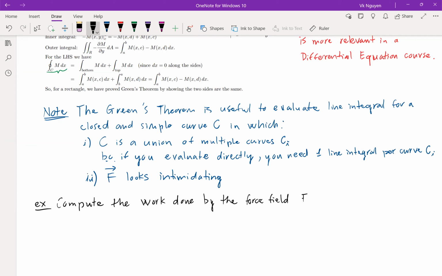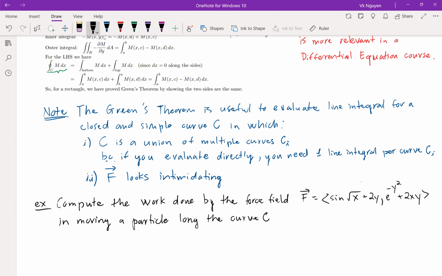Okay, so here comes the force field: sine root x plus 2y, e to the negative y plus 2xy, in moving a particle along the curve C as below.